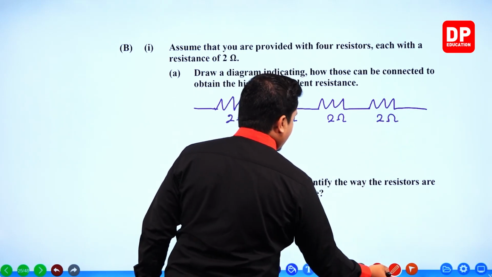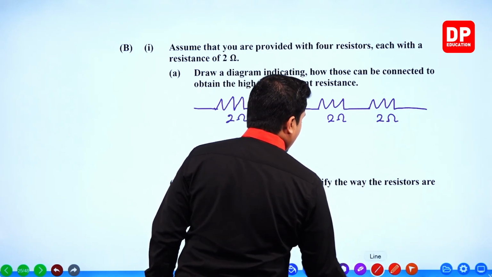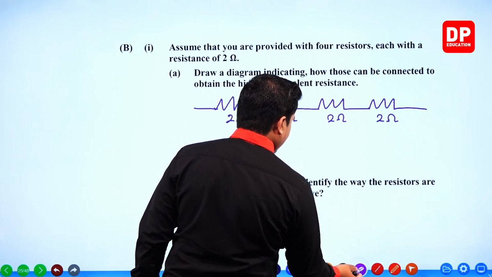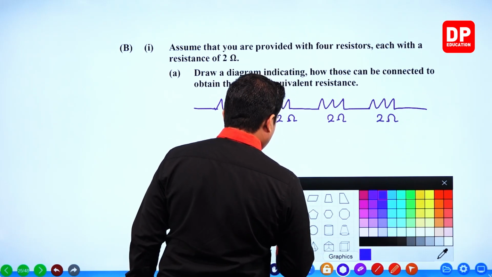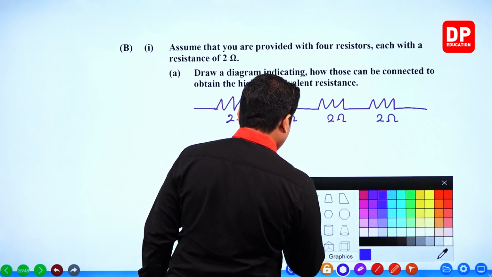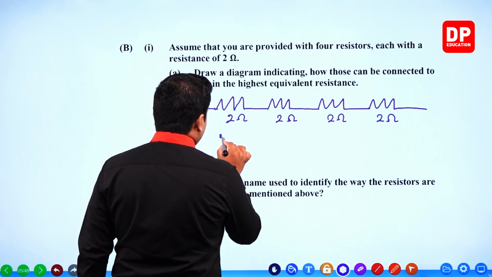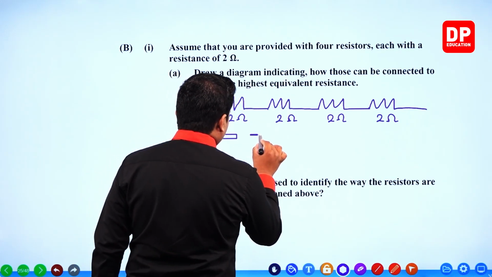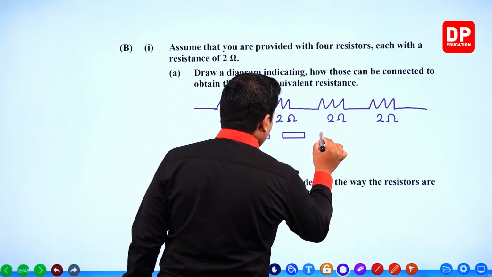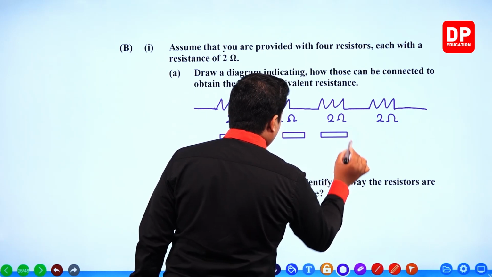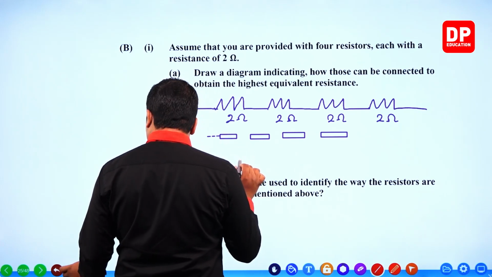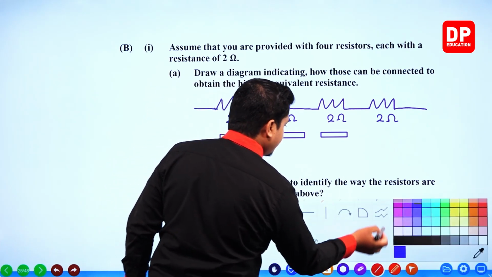Or else, my dear children, there is another way of drawing. You can use a small rectangular shape. A small rectangular shape can also be used, my dear children. Like this. Three and 4. Like this way, small rectangles can also be used. Then you can draw the diagram.